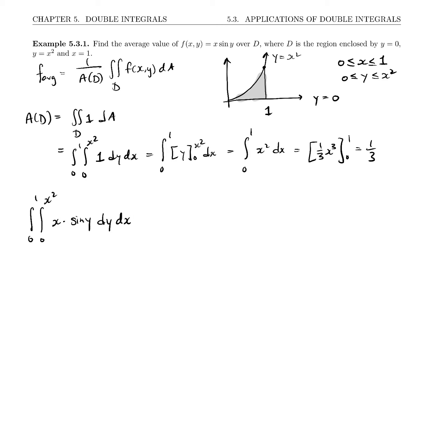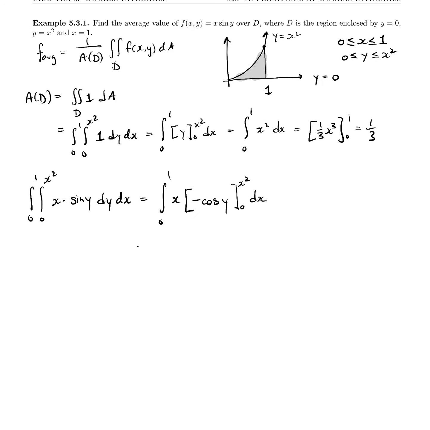Now the inside integral is with respect to y, so I can bring that x just outside of that first integral. So I'm going to get the integral from 0 to 1 of x times, and now I need an antiderivative of sine, which is minus cosine of y, which we are running from 0 to x squared dx.